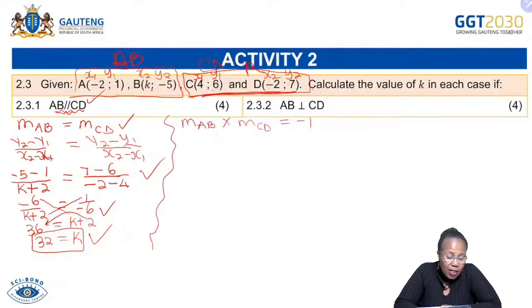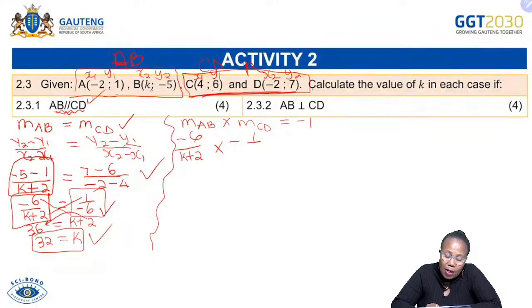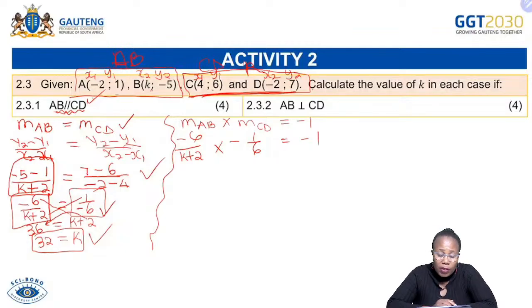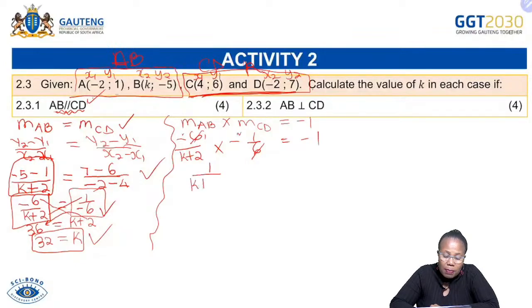We can even take it from there, because it will give us the same answer for AB, which is -6 over k plus 2. Multiply M of CD, which is 1 over -6. 6 goes once and 6 goes once there. On top, we have a negative times a negative, which is +1 over the denominator k plus 2.